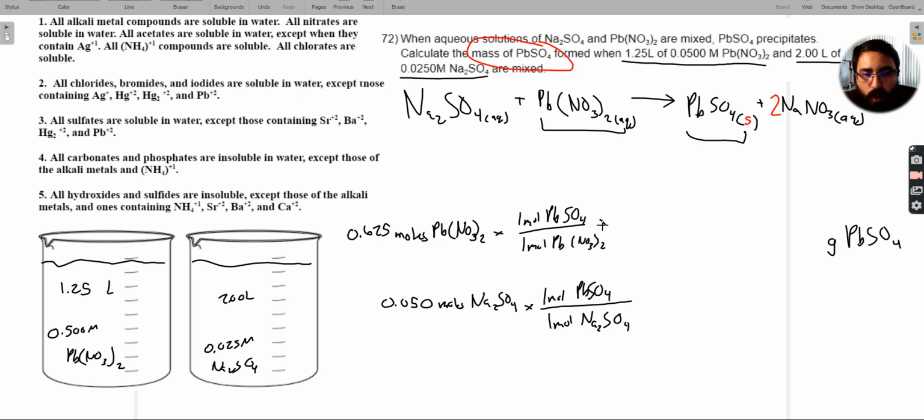Now, we don't want moles of PbSO4. We want grams. But we know that 1 mole of PbSO4 is equal to, hey Siri, what's the molar mass of PbSO4? Siri, you are useless.